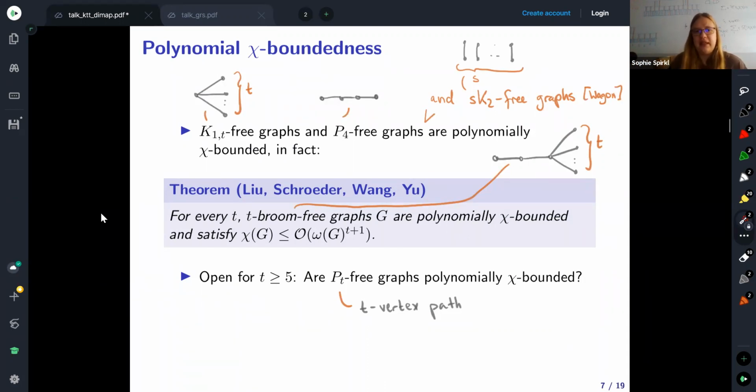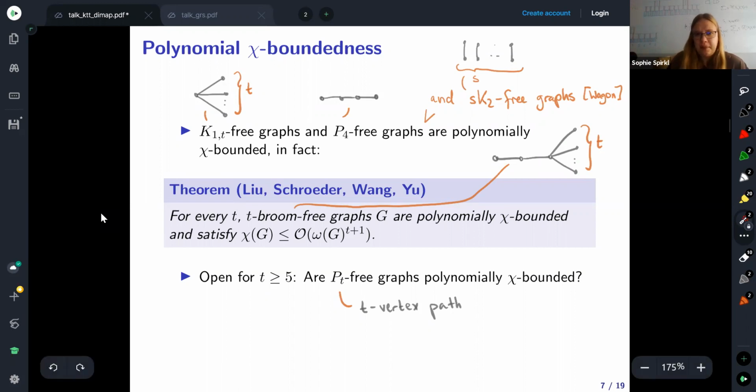It's not hard to see that if you exclude K1,t, which is this t plus 1 vertex graph, you get polynomial chi-boundedness, because when you look at a vertex, its degree is bounded by something like omega to the t, since you don't have a clique of size omega and a stable set of size t among its neighbors. If you look at P4, which is a 4-vertex path, excluding that makes you chi-bounded because P4-free graphs are perfect.